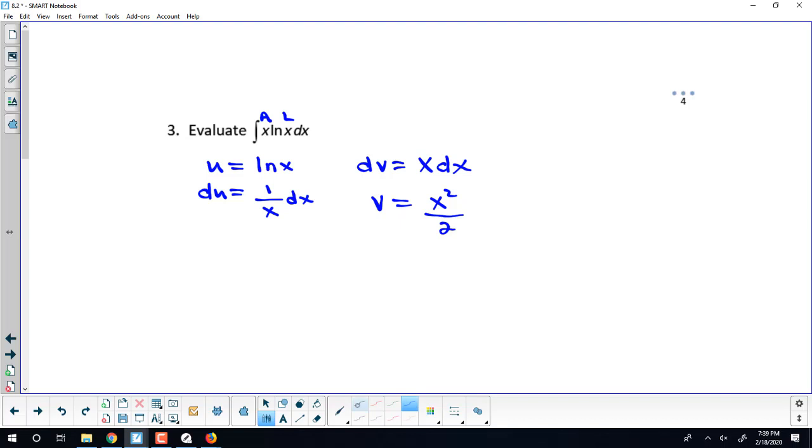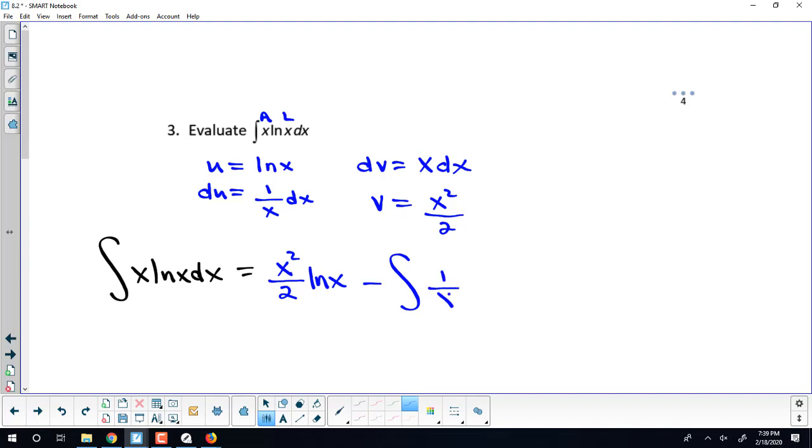So that is equal to u times v, x squared over 2 times natural log of x, minus the integral of v du. All right. Any questions? You want to simplify that before you find the antiderivative.